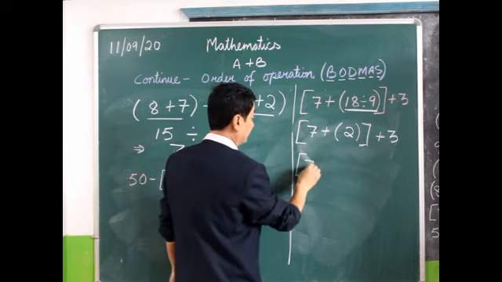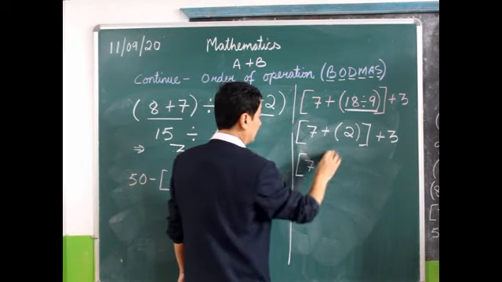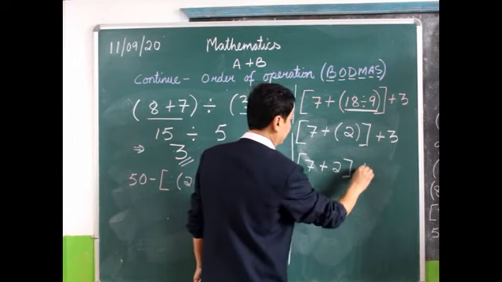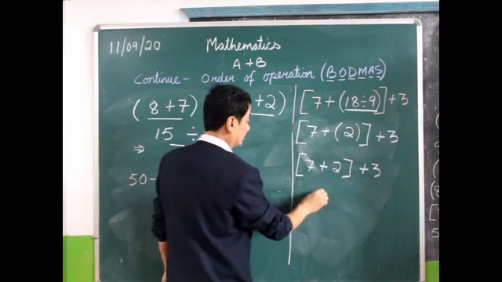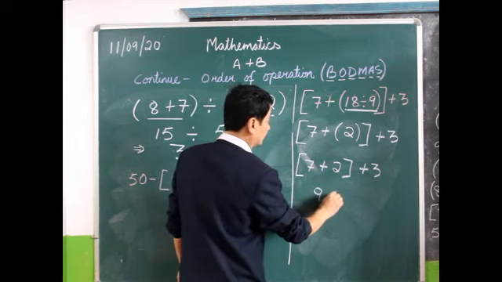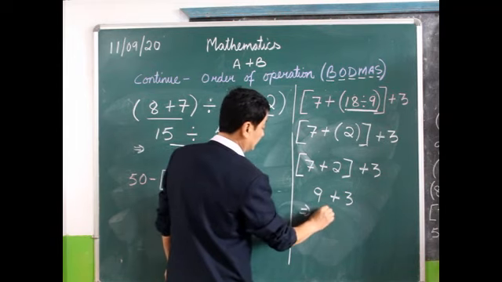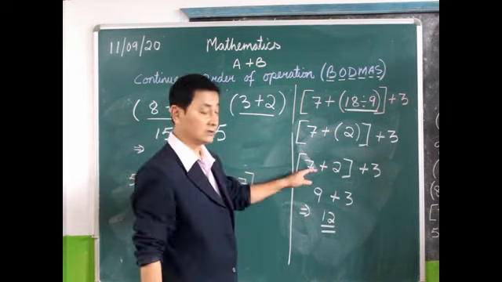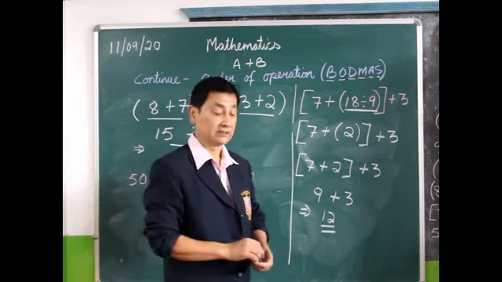So 7 plus, now we must open the brackets, plus into plus, plus 2, close the bracket, plus 3. Now 7 plus 2, 9, plus 3, 9 plus 3, 12. And that's your answer. Okay, it seems simple, no? You just have to open the bracket once you get a single digit.